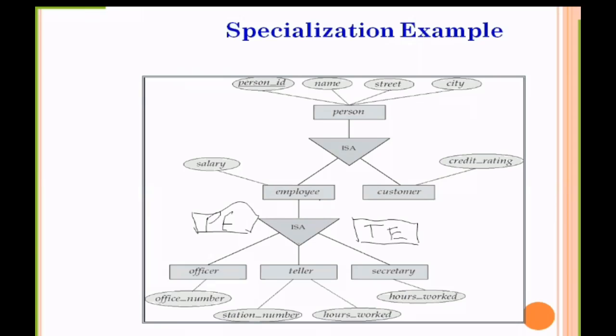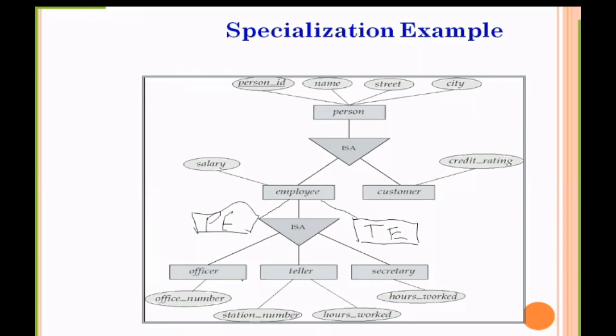Permanent employee and temporary employee are the special forms of the employee class. If we make some changes in this diagram, we can create some special forms, like permanent employee and temporary employee.